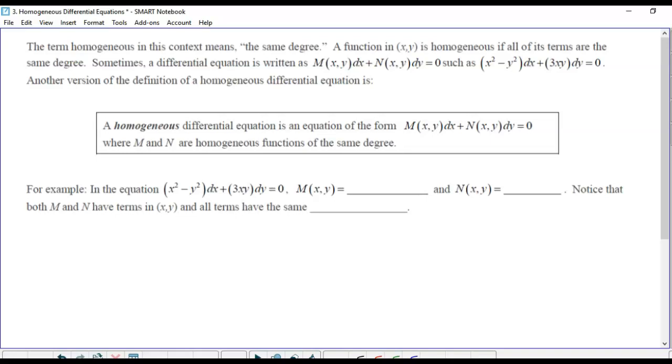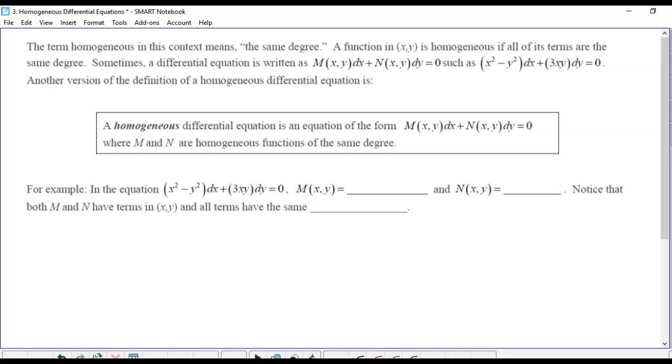In this context, homogeneous means the same degree. So a function in x and y is homogeneous if all of its terms are the same degree. Sometimes a differential equation is written as M(x,y) dx plus N(x,y) dy equals 0. An example is that first one. Notice how the degree of M and the degree of N are both 2.